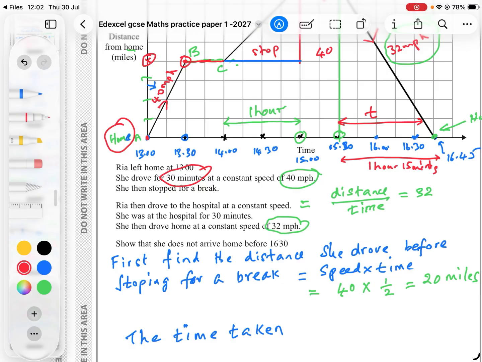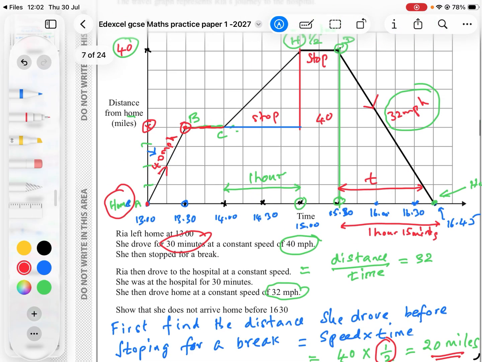Speed, she drove A to B 40 miles per hour, for 30 minutes, so half an hour. Because this is miles per hour, you need to put hours, half an hour. 40 times half, so 20 miles. So that means this one is 20 miles.